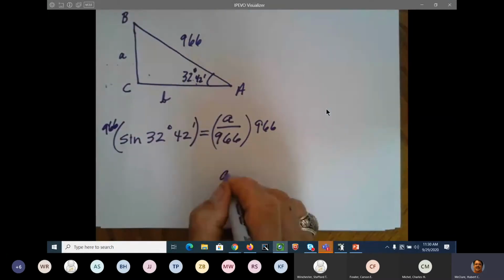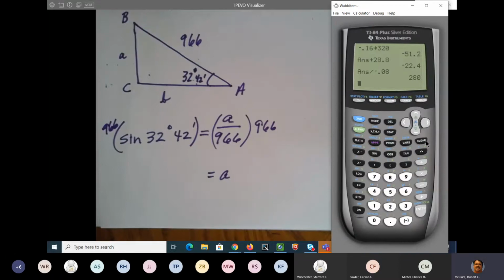And that's going to give me A is equal to, take your handy dandy calculator and turn it on, sine of 32, math, second angle, degrees, and 42, second angle, minutes, close parentheses, times 966.